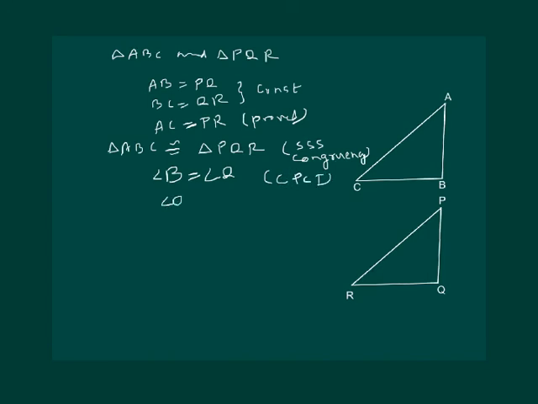But we had taken angle Q equal to 90 degrees, so angle B is also equal to 90 degrees. Hence we have proved the converse of Pythagoras theorem.